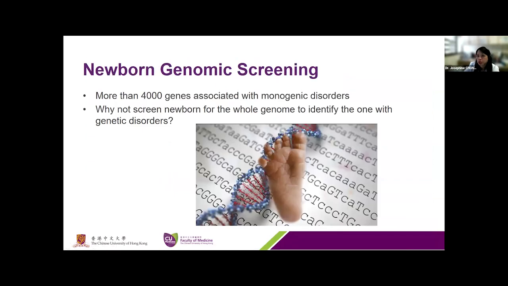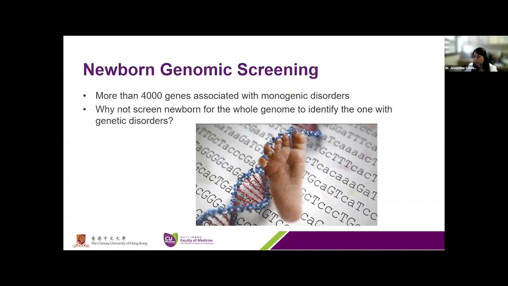So regarding newborn genomic screening, we understand in each single cell, there are 46 chromosomes. There are more than 20,000 genes. So nowadays, more than 4,000 genes have already been identified to have very clear correlations to monogenic disorders.